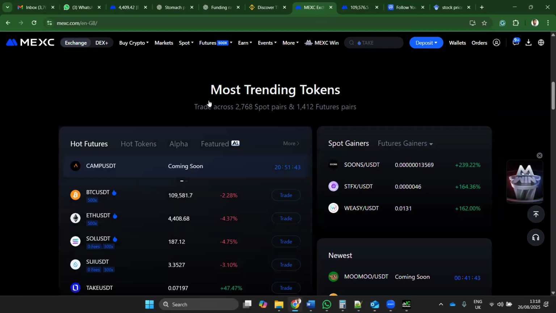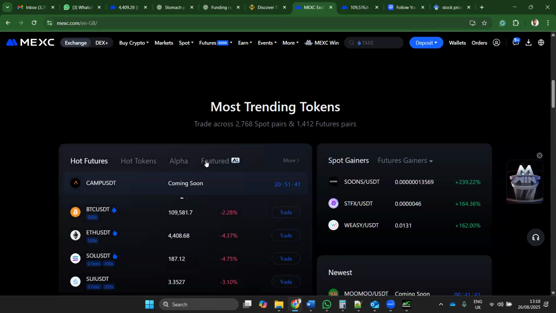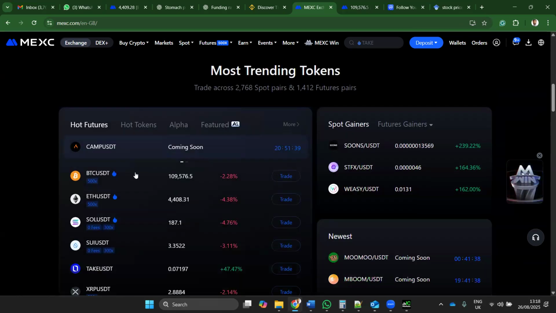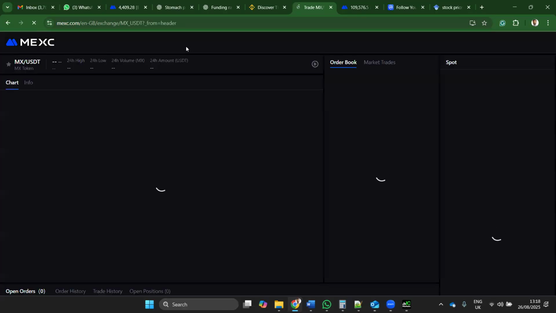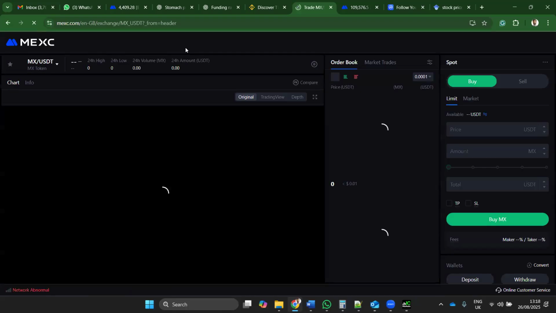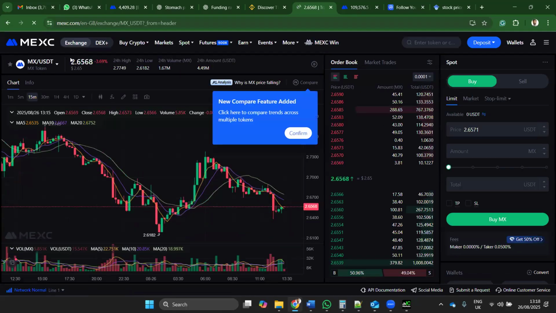These are all future prices. Again, this future price is slightly different from the spot. This is spot. Yes, the spot price is the actual real price of an asset.